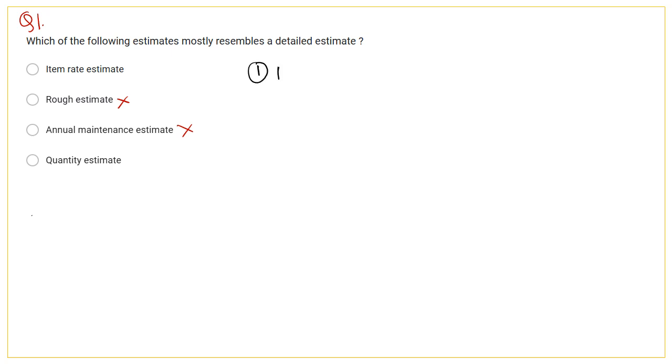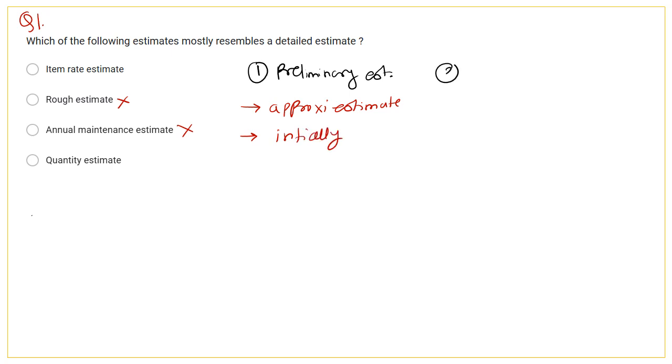So first one is preliminary estimate. A preliminary estimate is that estimate which is calculated approximately, an approximate estimate, and it is calculated initially. Then second one is quantity estimate.